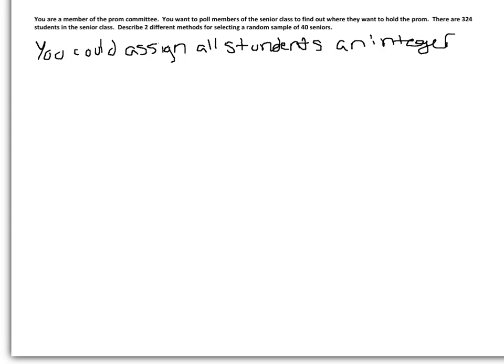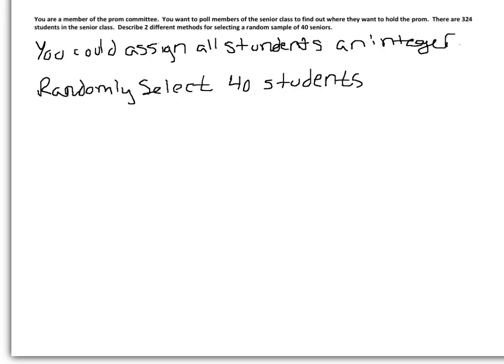So like the first student would be 1, the second student would be 2, the third student would be 3, all the way up to 324. And randomly select 40 students. That would be a random sample. Okay.